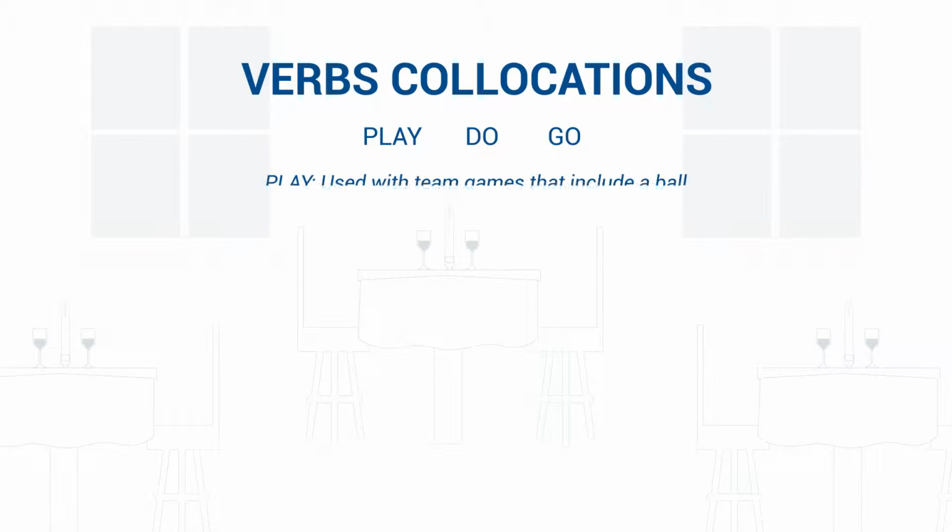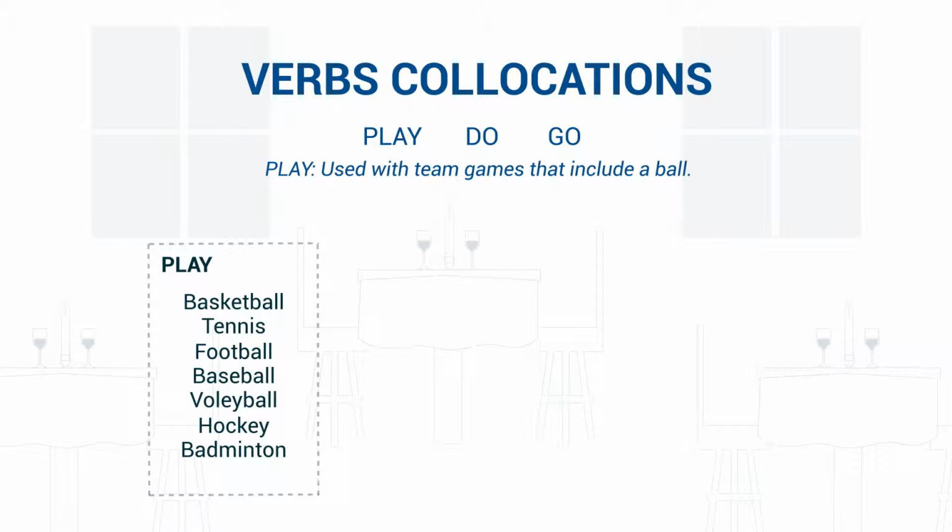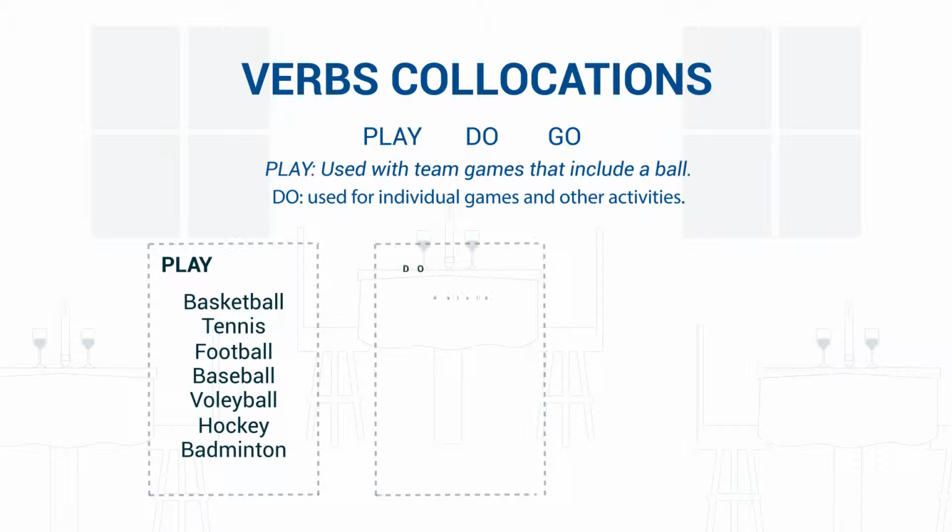The verb to play is used with team games that include a ball. For example, play basketball, play tennis, play football, play baseball, play volleyball, play hockey, or play badminton. The verb do is used for individual games and some other activities.